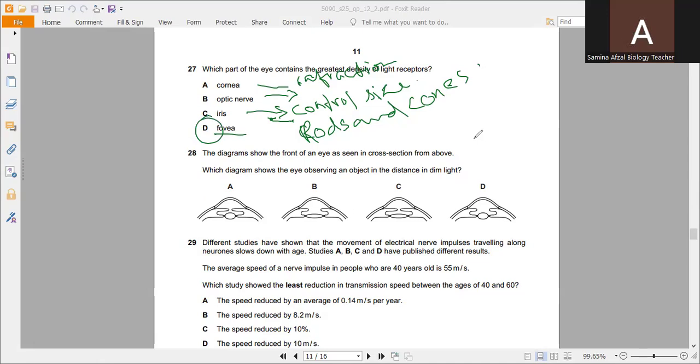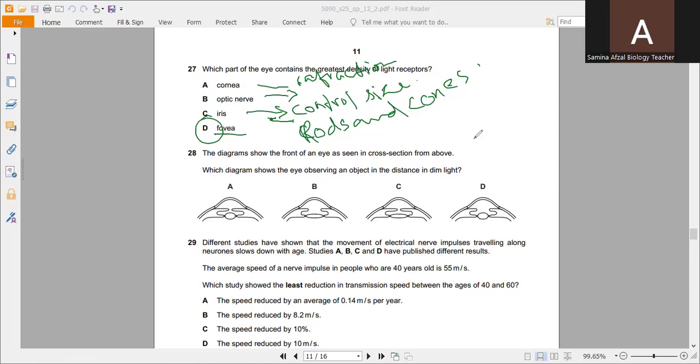Now the next question is question number 28. The diagram shows the front of the eye as seen in cross section from above. Which diagram shows the eye observing an object in the distance in dim light? In dim light, the eye needs to capture as much light as possible to form a clear image.